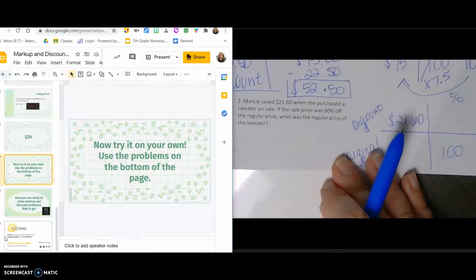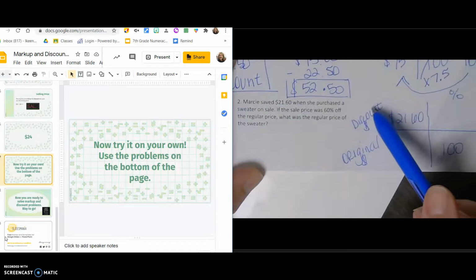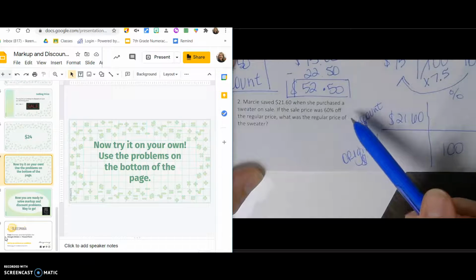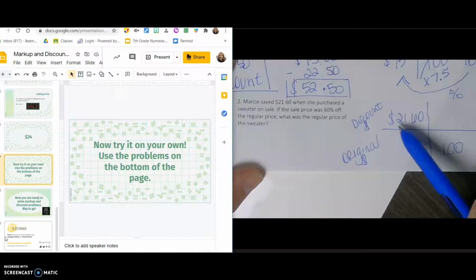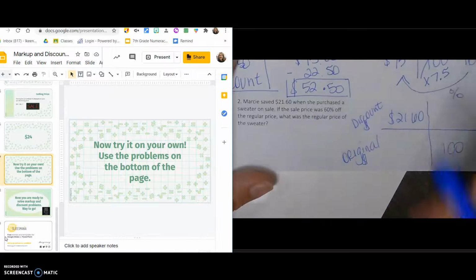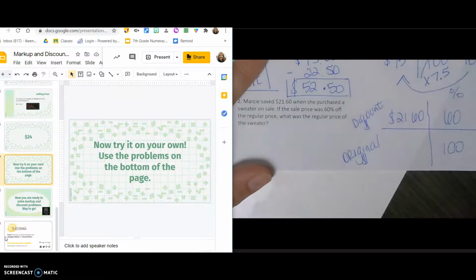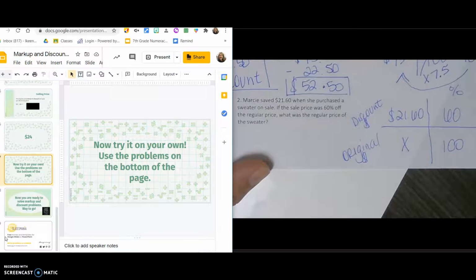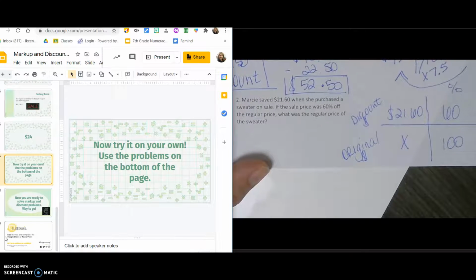Sorry. All right, so here we go. My discount, my original price, the sale price is $21.60. If the sale price was 60% off, so the 60 is going to go over the 100, because percents are always together, we want to know what the regular price of the sweater was. So this time we're solving for the original price.